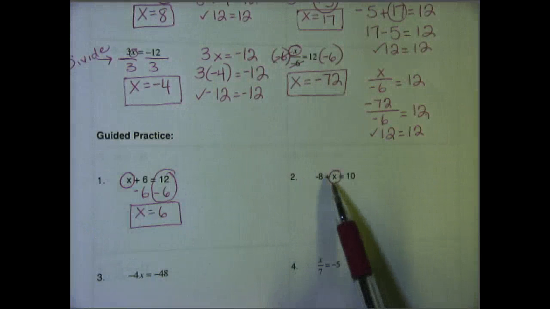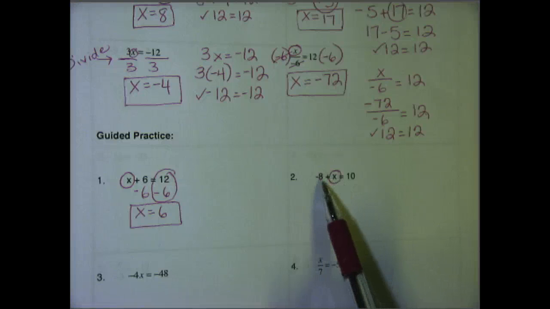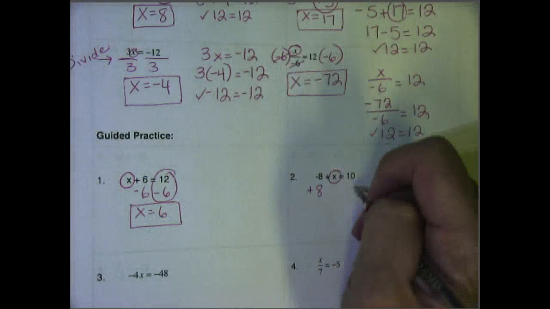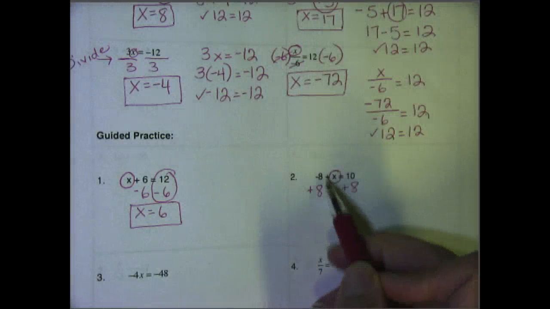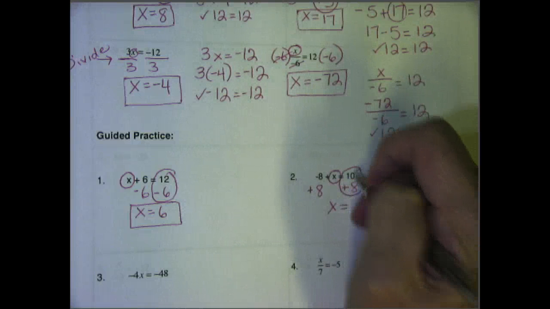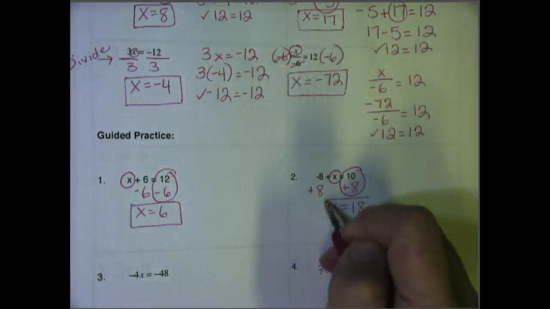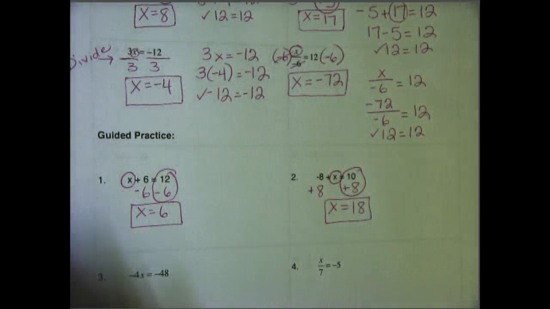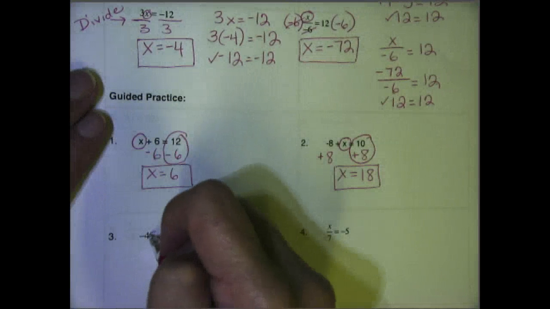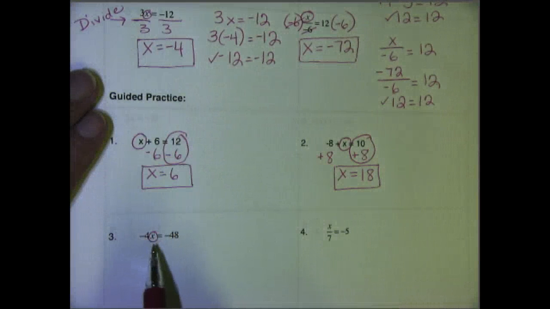In order to get x by itself, I need to get rid of negative 8. To make negative 8 0, I need to add 8 to both sides. Negative 8 plus 8 is 0. X equals 10 plus 8, which is 18. So x equals 18. Number 3, I need to get x by itself in the equation negative 4 times x equals negative 48.